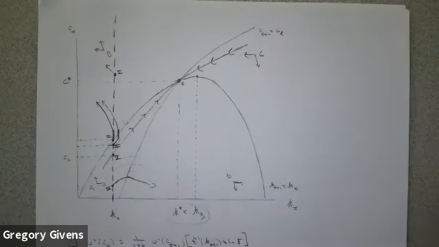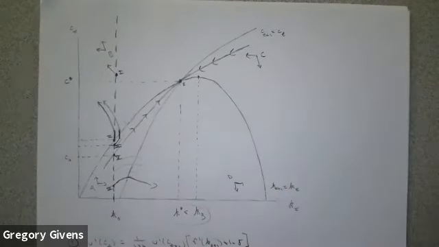That might also help you understand what it is. Okay, you guys have any questions about that? So again, that's what I would argue is an informal graphical proof of the existence of a saddle path.